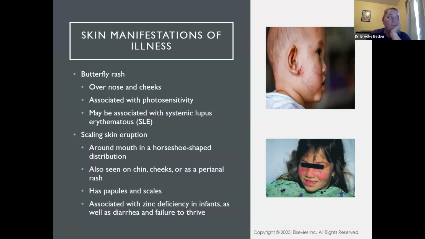And the scaling skin, a lot of times that happens with kids who have zinc deficiency. Okay, so you'll see the scaling skin. They won't be gaining weight all of a sudden, and maybe they're having frequent diarrhea. That would be a good sign of scaling skin. Okay.